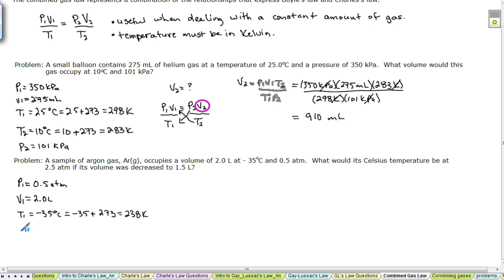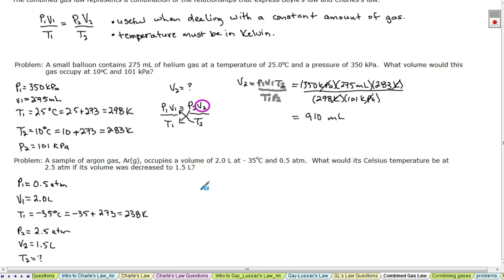Our final pressure, P2, is 2.5 atm. So our pressure is going up by a factor of 5. And the volume is being decreased by 25%, and we want to find T2.